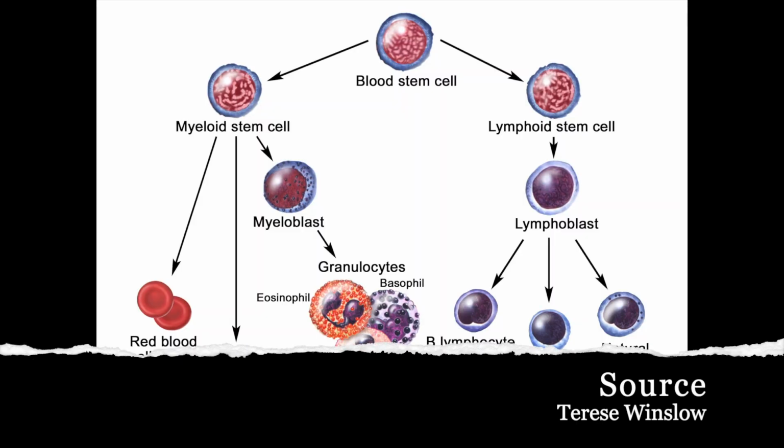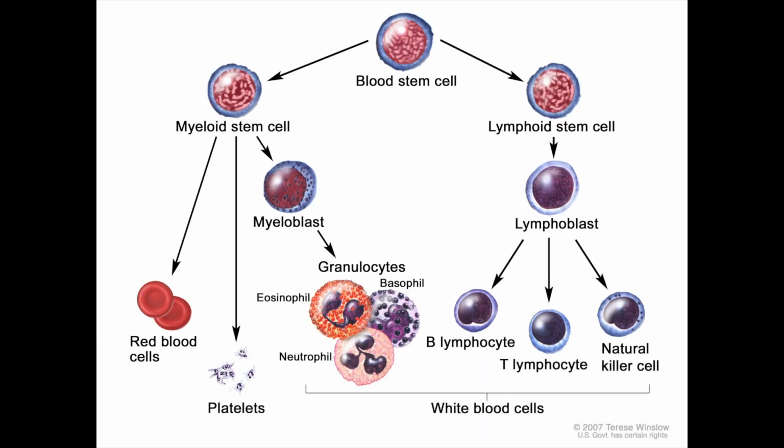So in order to talk about the immune system, let's just quickly talk about where it comes from. All of your immune cells are coming from blood stem cells. And this stem cell will separate into two lineages, the myeloid lineage and the lymphoid lineage. This myeloid lineage will create cells like red blood cells and platelets, which is what you generally think of when you think of blood.